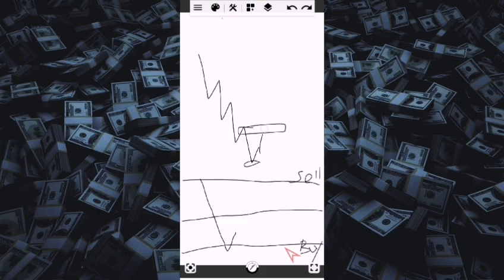Once price closes above this, right at this point, you can take a buy. Price must close with a full candle for you to take a buy. You have to see that price has clearly closed above, and then you can take the buy. Okay, that should be easy.